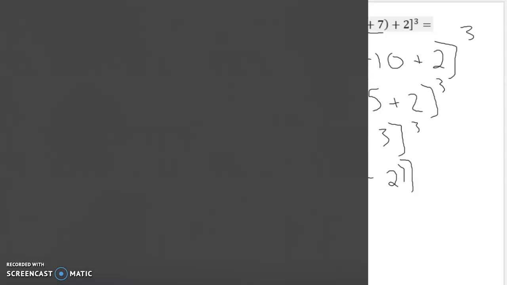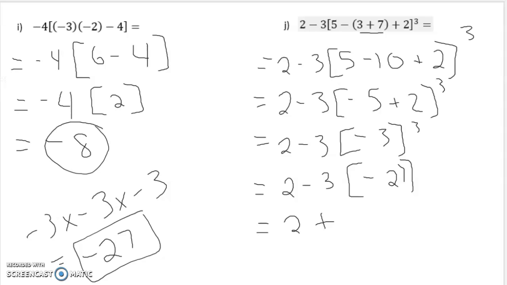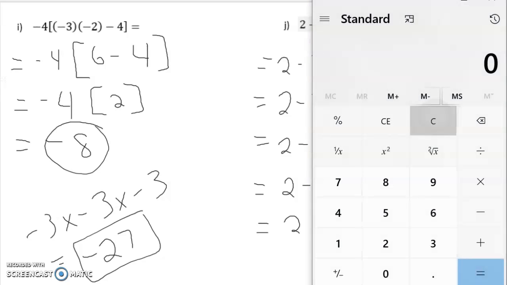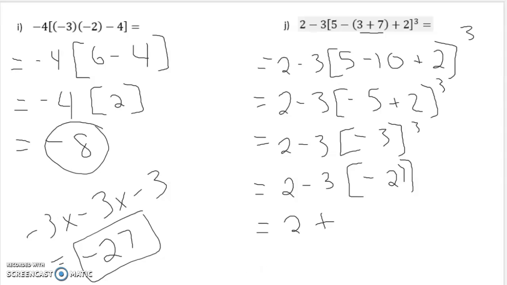Let me get my little calculator out here. 3 times 27 gives us 81. So it's going to be plus 81. And then 2 plus 81 gives us 83. So that is your final answer.